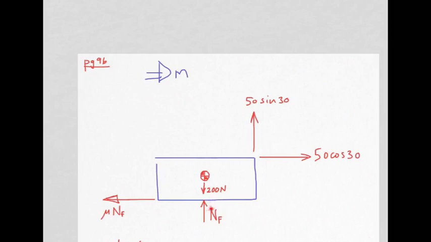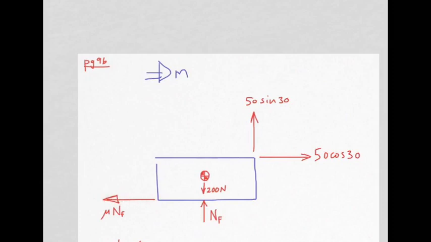Normal meaning perpendicular to. And then finally, opposite to motion, we insert our friction force. And as we said earlier, we're going to use that always as the product of mu and NF. And it is simple to understand the direction. It is opposite to the motion. If the block is going from left to right, mu NF will be from right to left.